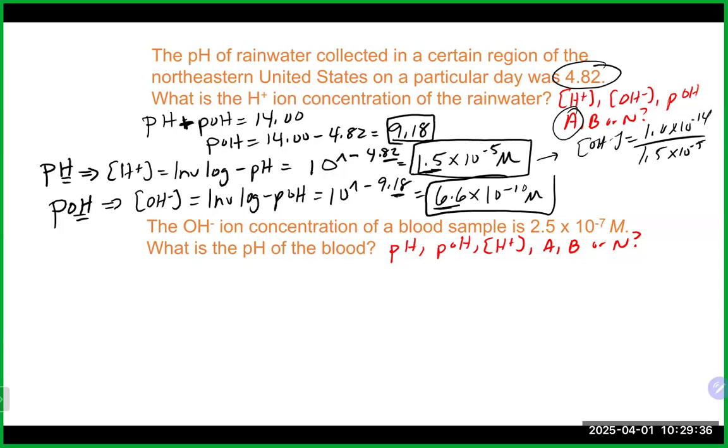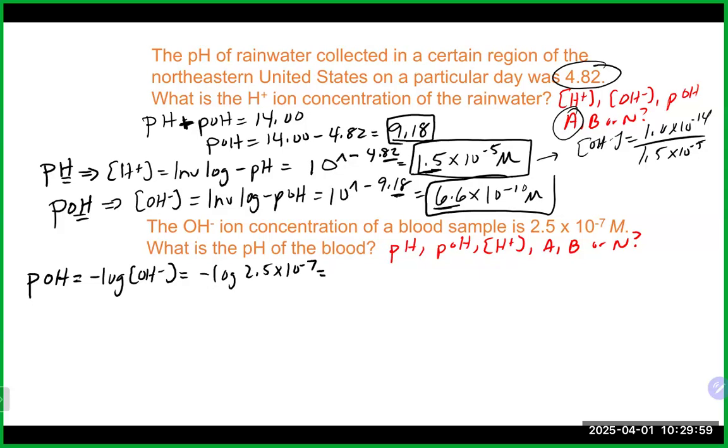All right, taking a look at the bottom one here, we have the hydroxide concentration. Again, you have several things you could start with. If you want, you could go right into the pOH because you do have the hydroxide concentration and calculate that. And that would get you a pOH of minus the log of 2.5 times 10 to the minus 7.